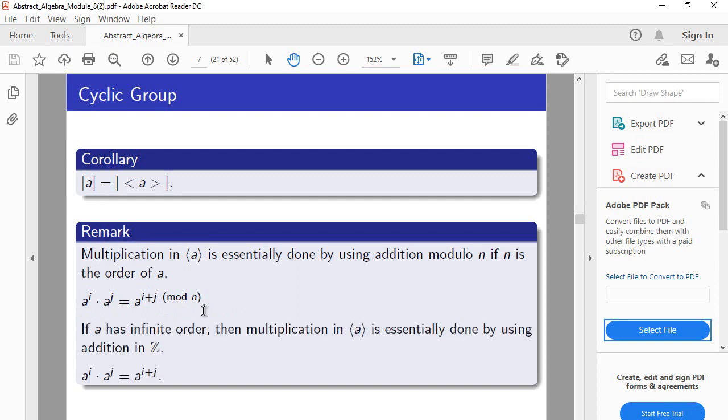Similarly, if A has infinite order, then multiplication in the subgroup generated by A is essentially done by using addition in Z. That is, a to the i times a to the j is a to the i plus j. So in the exponent here, notice that we are just adding the exponents. Here we are adding the exponents modulo n.